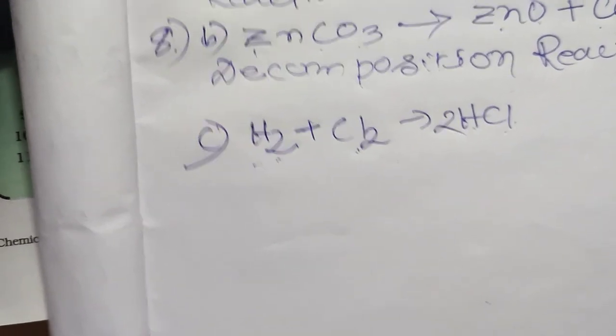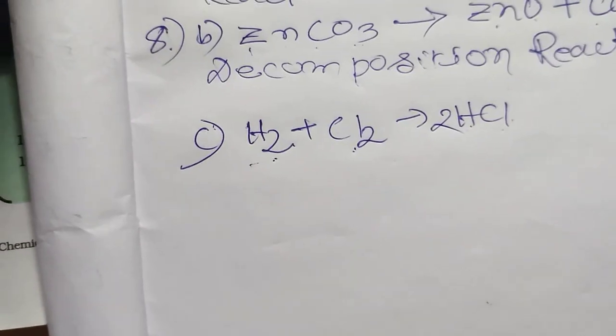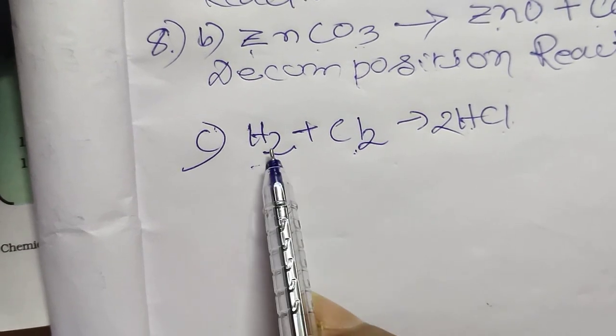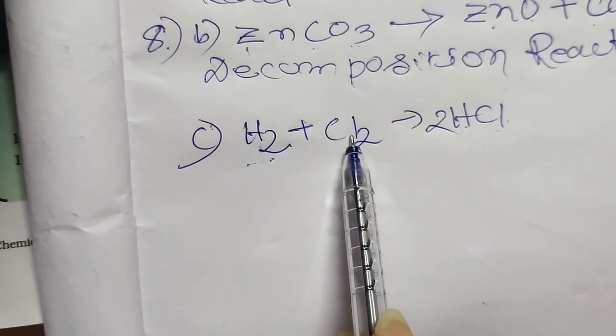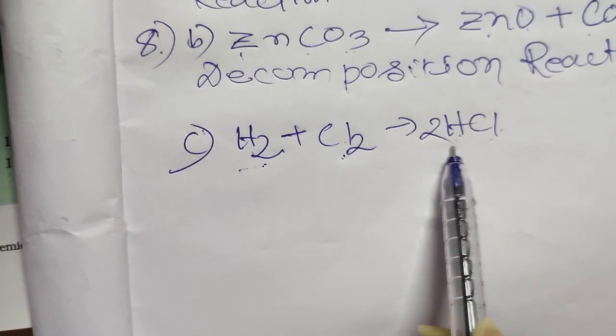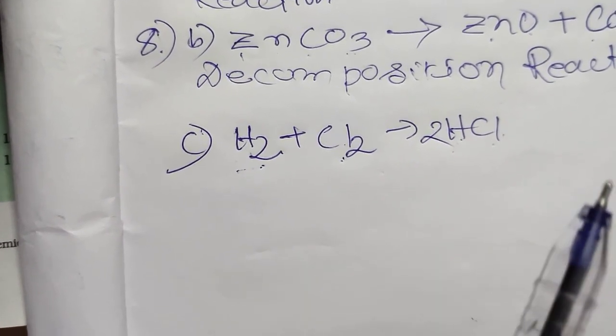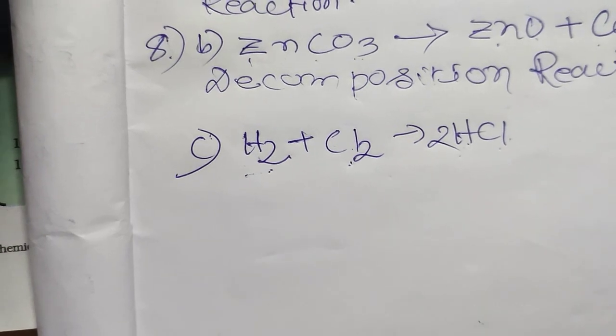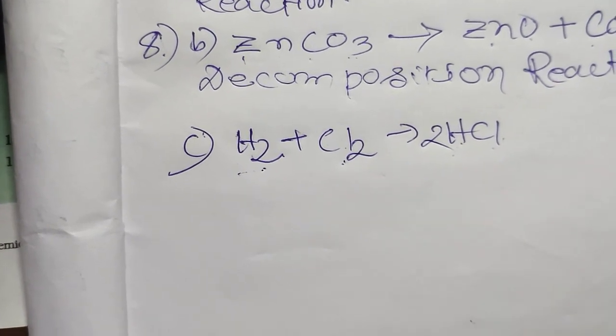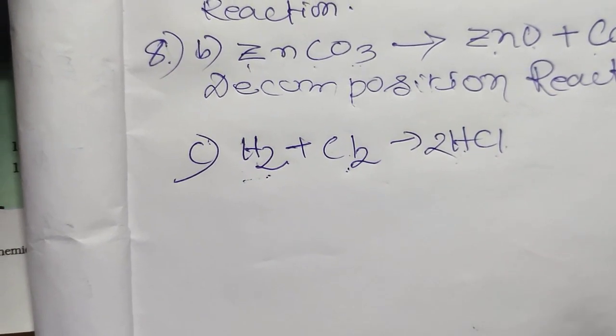Now the type of reaction will be a combination reaction. Hydrogen and chlorine are reactants which form one product. If two elements or reactants react to form one or more products, then it is a combination reaction.